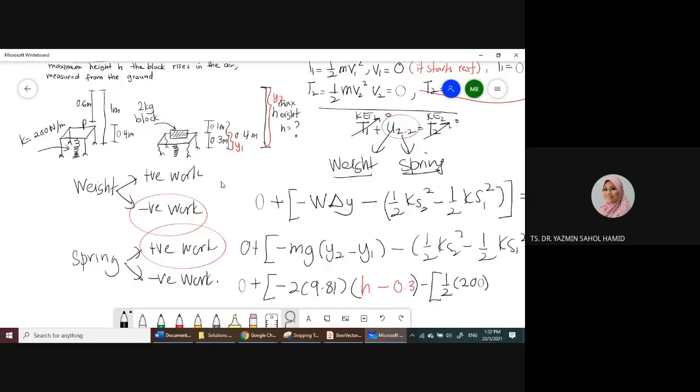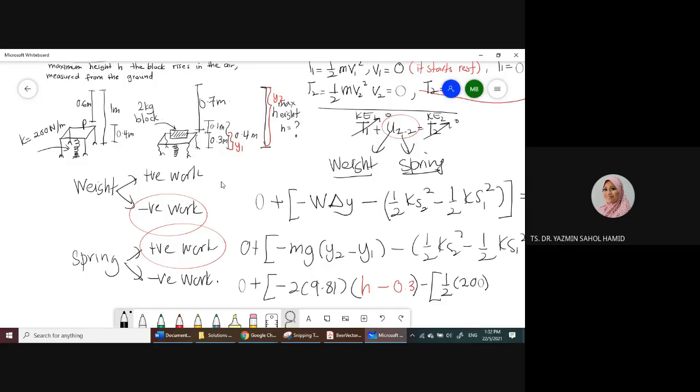Let me find my pen. This is 0.6, then it goes down to 0.4 and then after that it becomes 0.3, so it has compressed to 0.7 meters.